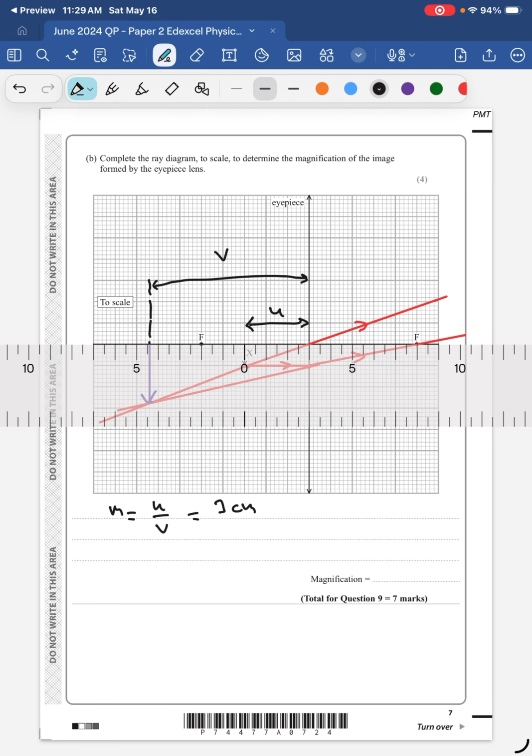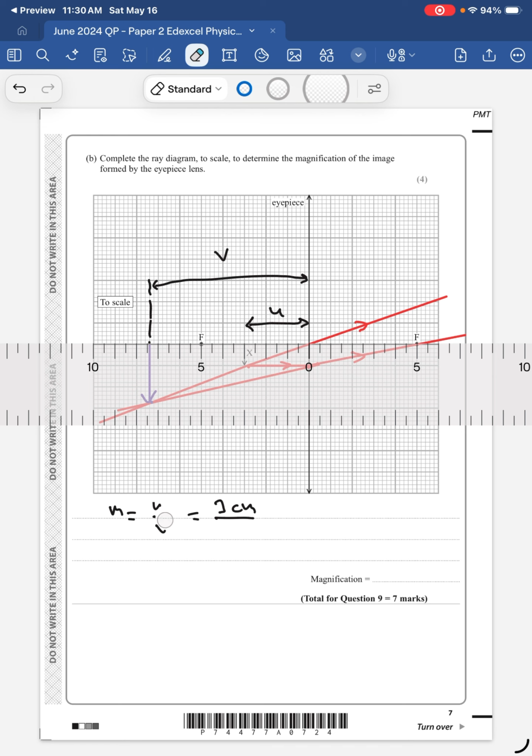And now, let's make this 0 to measure the other one. So 5, 6, 7.5, something like that. It's actually V over U. Sorry, guys, for the confusion.